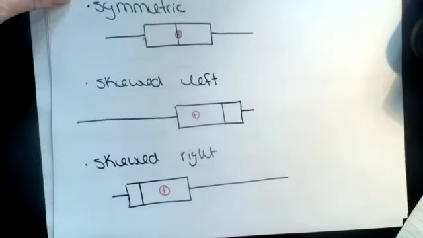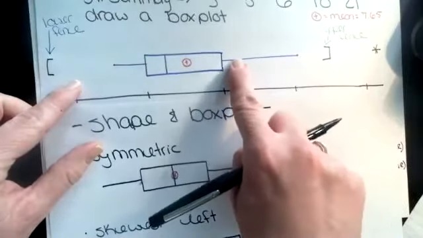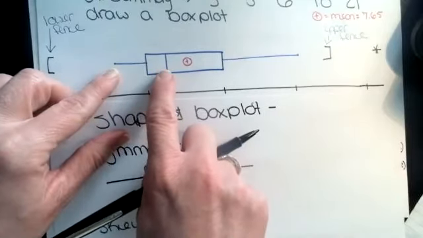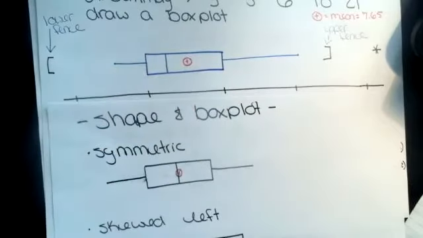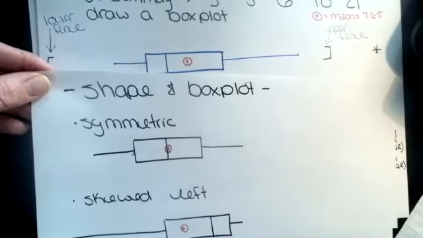And that's what we had on this last example, was a skewed right. You could see the whisker on the right was a lot longer than it was on the left. You can see that median is favored over here towards the left side, right? And then the mean gets pulled to the right. So I would definitely say this example was a skewed right box plot. So it's a skewed right distribution of the data.